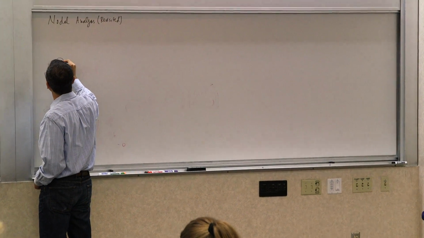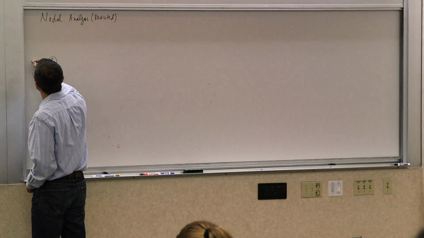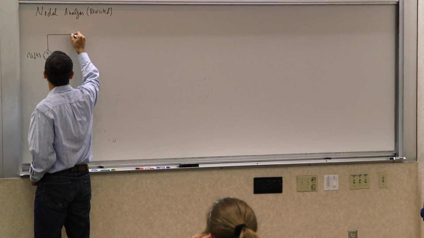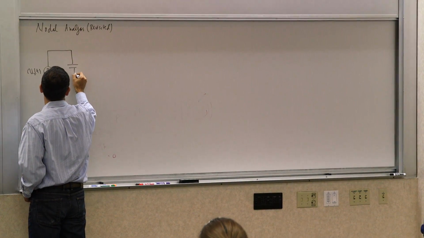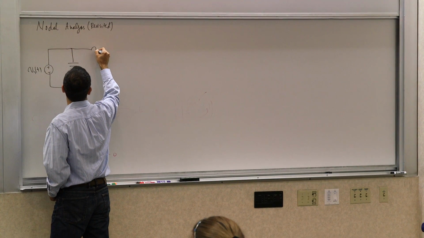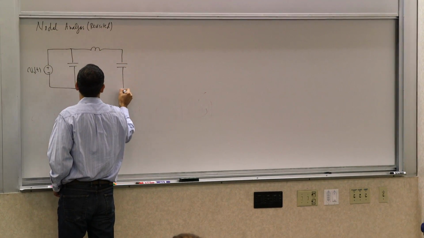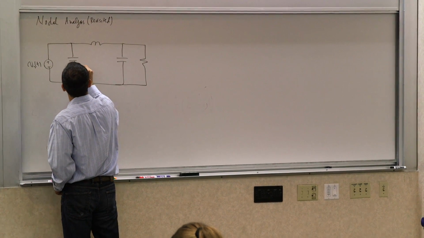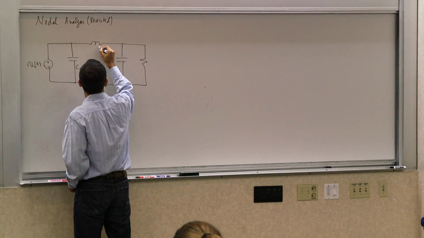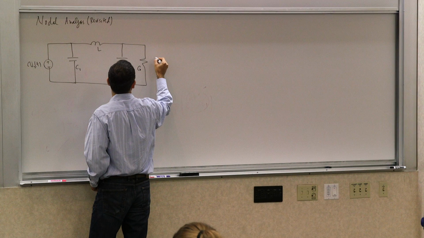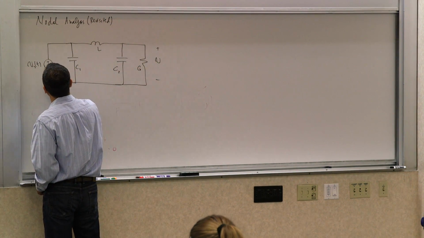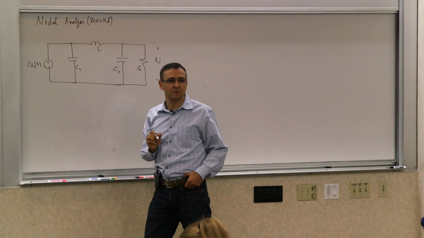You remember when we were doing the nodal analysis, I said, when we come back to it, we can actually even generalize it to inductors and capacitors and things of that sort. So this is when we are going to do it. So let's say you have something like this. So this is C1, this is C2, this is L, this is G, and I'm interested in knowing this voltage. And I'm trying to perform nodal analysis on this.